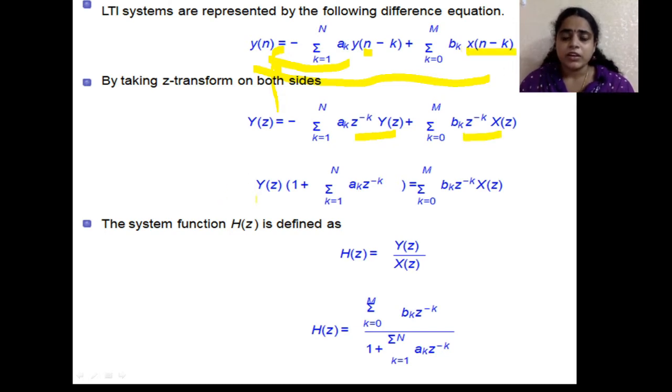Okay, y of z into 1 plus summation k equal to 1 to n ak z power minus k equals summation k equal to 0 to m bk z power minus k into x of z.